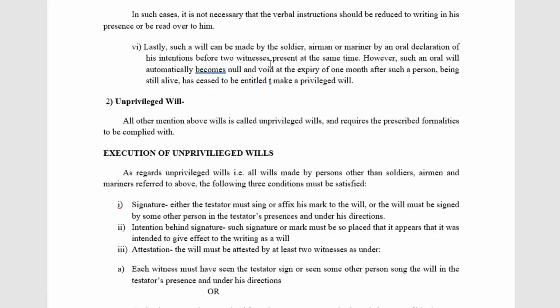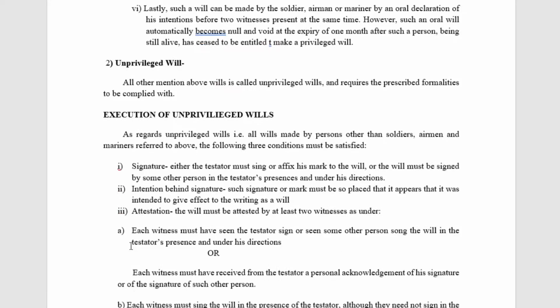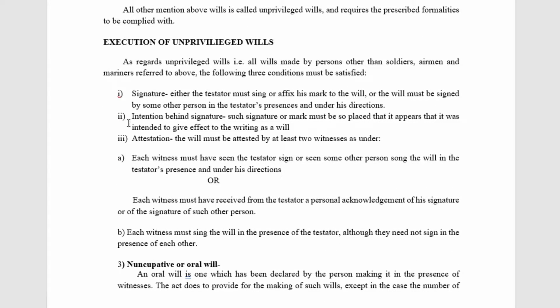So we have seen what is meant by will under section 2H, and we have seen the characteristics of the will, and what is meant by privileged will, and how the execution of the privileged will can be done. We have also seen what is meant by unprivileged will, and let us see how the execution can be done with regard to the unprivileged will.